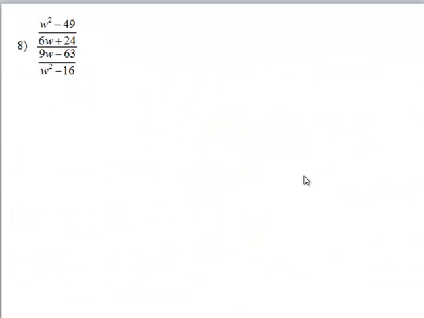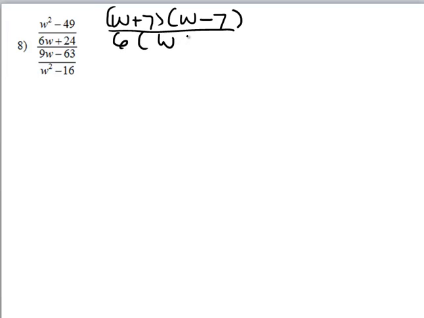Okay, this is kind of a beast, so let me take my time with it. Let's take a look at the numerator first and factor that. The top part is a difference of squares, so I'll have w plus 7 times w minus 7, and that's over, let's see, I can take 6 out, so 6 times w plus 6.